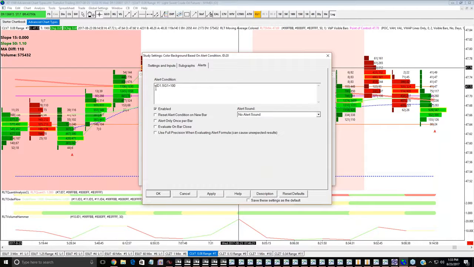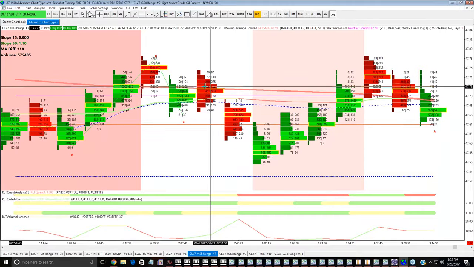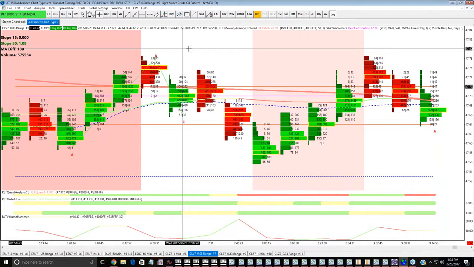And this is it equals, this is ID1, SG1 greater than 100. And that means every time in this candle, there's a bid-ask disparity of greater than 100 contracts. If the disparity is to the long side, it's going to shoot a color right through the candle.